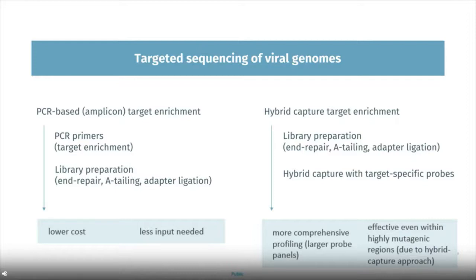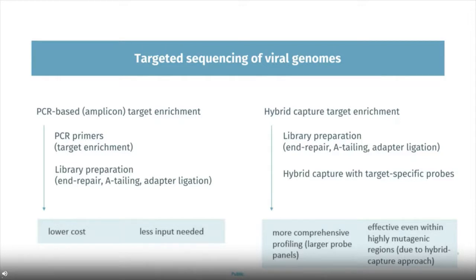So generally speaking, a PCR-based or amplicon-based targeted approach requires rather low sample inputs, and it's usually associated with lower costs. Compared to it, enrichment through hybrid capture allows for dramatically larger probe panels with more comprehensive profiling of the target regions.